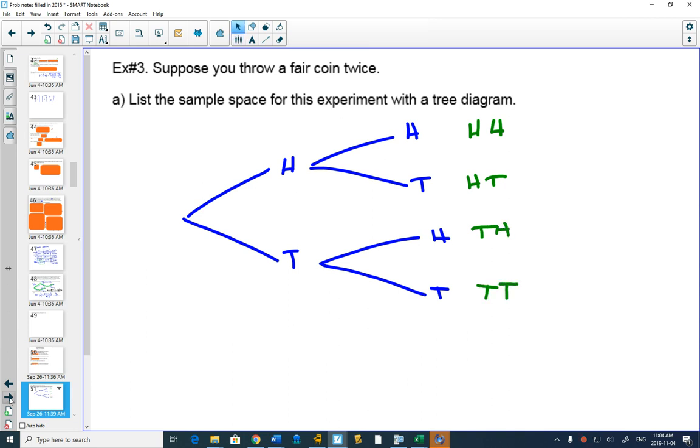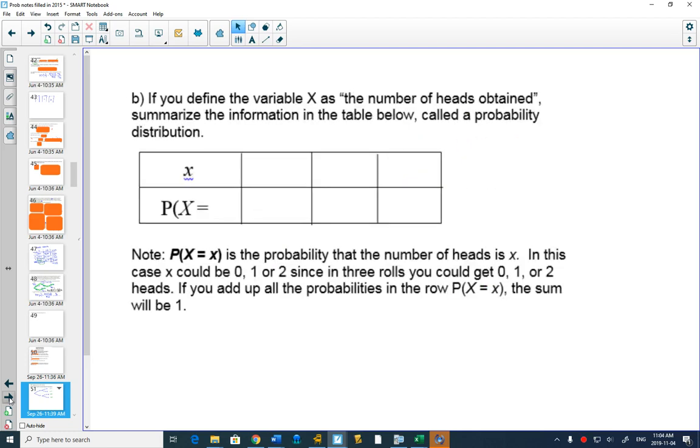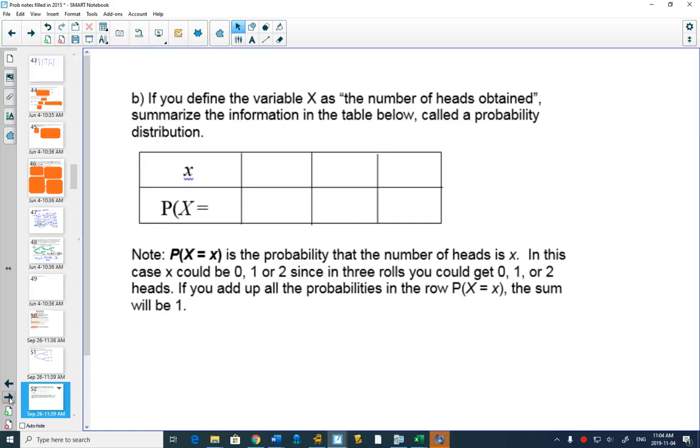That's our sample space. We could define one of the variables x as the number of heads that we did when we flipped the coin twice.